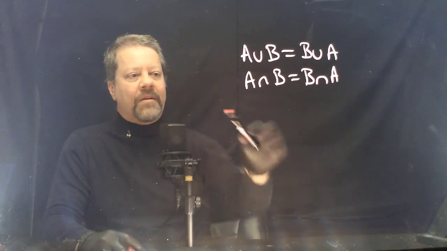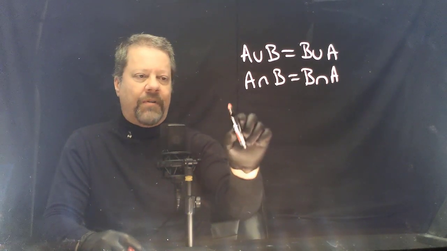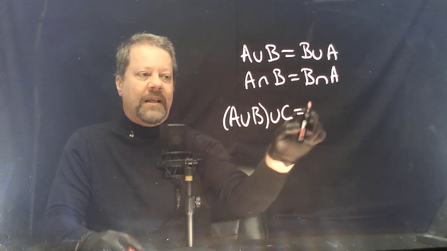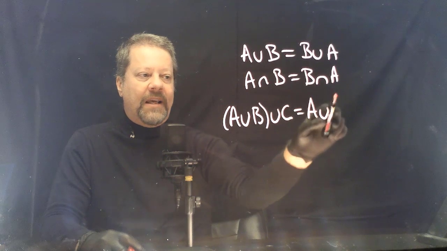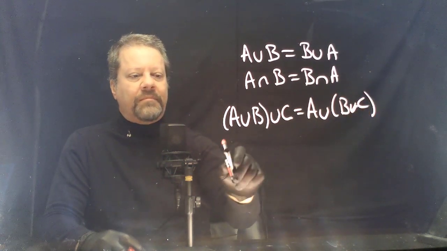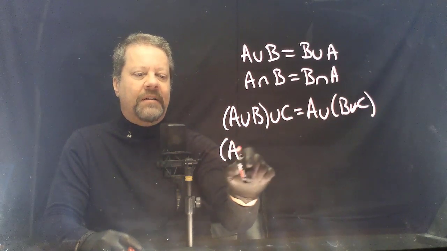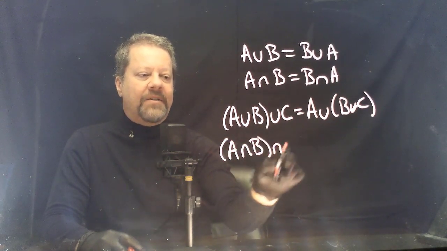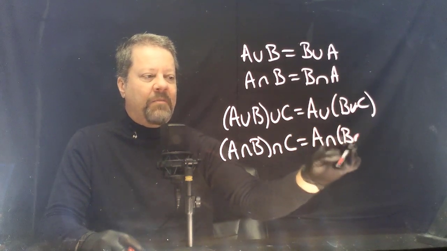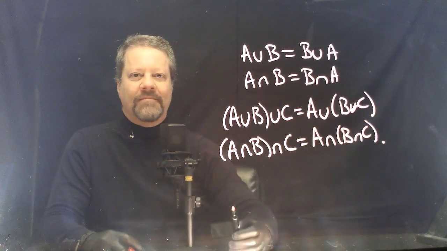So there are also associative laws. A union B union C gives you the same thing as taking A union B union C. Same thing with intersections. A intersect B intersect C will be the same thing as A intersect B intersect C. We also have certain distributive laws between unions and intersections.